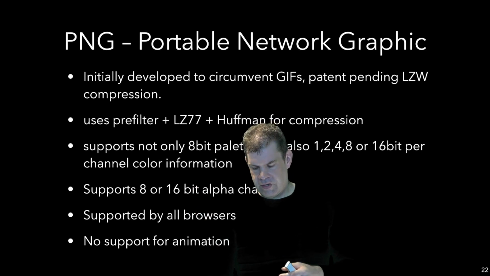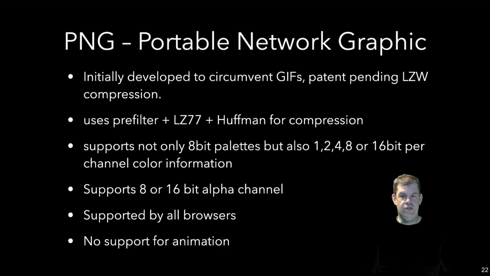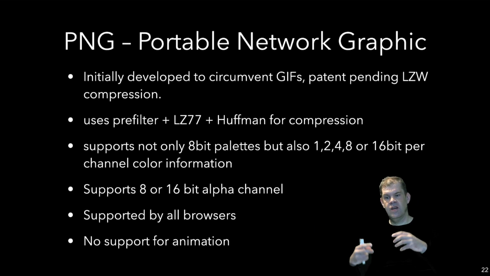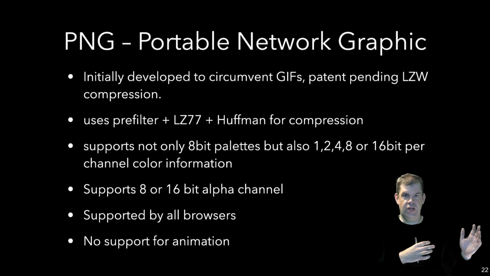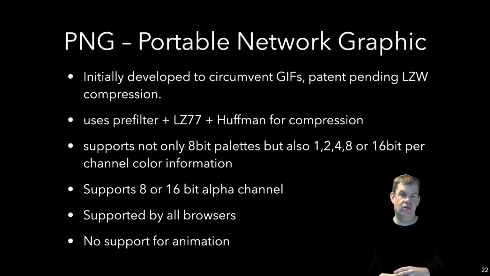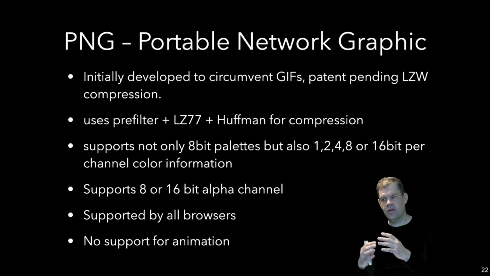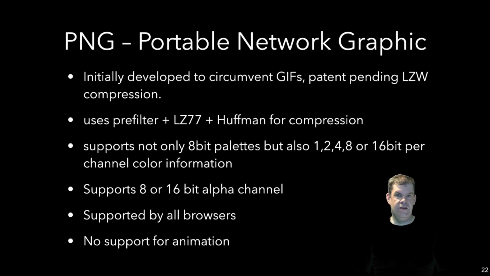And that makes it such a great compression scheme for images. It's still lossless though. So if you compress something with PNG, you get the original image out with no loss at all. Compare that to JPEG, where your loss can be substantial, potentially unnoticeable or very hard to notice, but substantial. PNG is lossless. Okay.